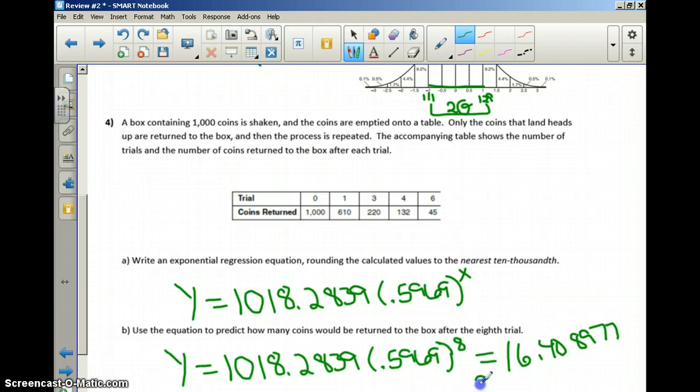So here you would say you either have 16 coins, or sometimes you want to say I have 0.4 of a coin, I went beyond a coin, or I have 17. I think I would probably take either one of those for this problem.